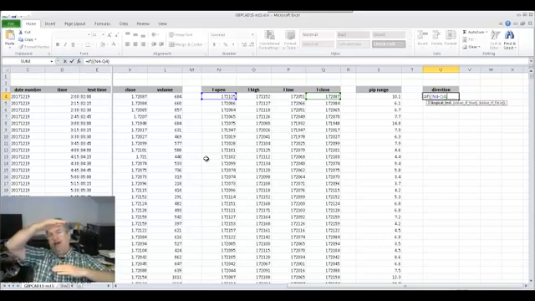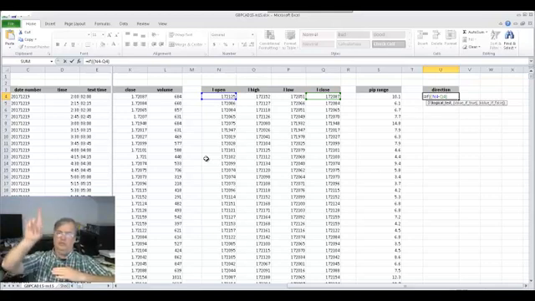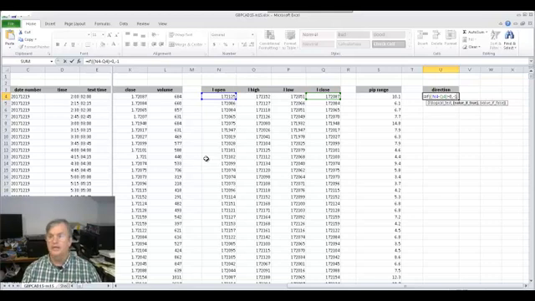If close is higher than the open, the candle is pushing up. So if open minus close is greater than 0, that's going to be a -1, meaning it's a down candle.